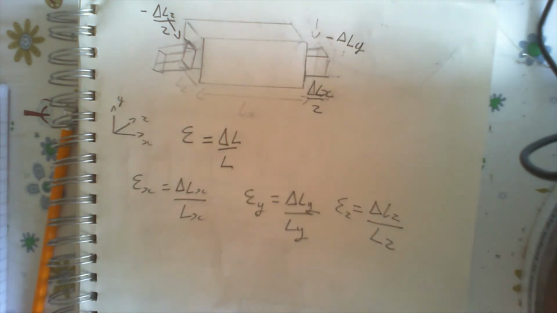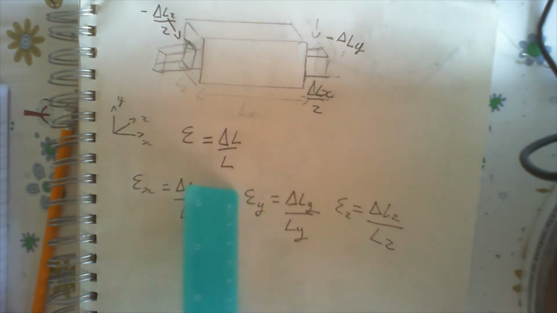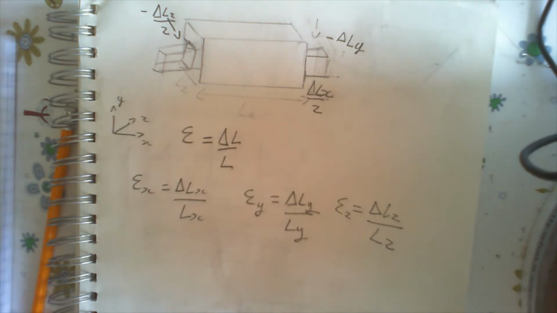So it's basically the simple strain equation we looked at before, except we're looking at it in all directions now and how it affects the whole shape of the material.